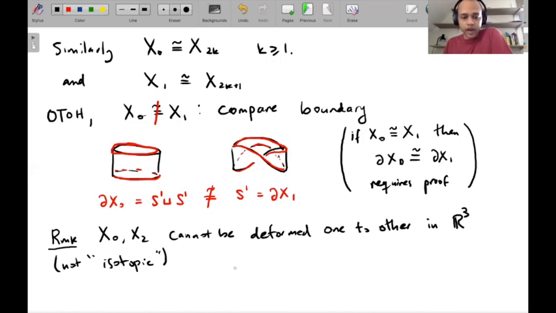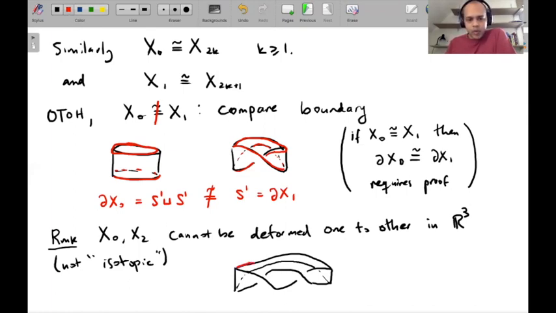So for the annulus, again, well, let me draw the other one. That's the interesting one. So for this x2, let's look at its boundary. And the key is to keep track of how it sits inside of R3. So we know that the boundary is going to be 2 circles because it's topologically equivalent to x1 or x0.